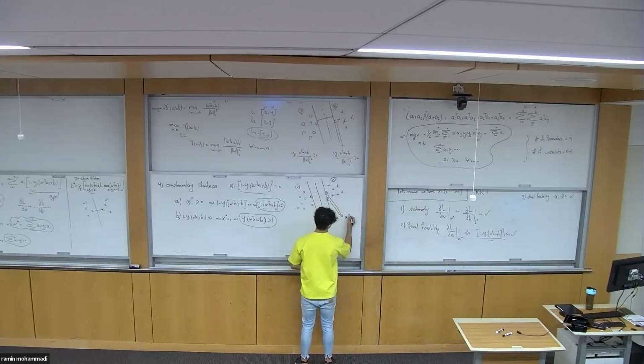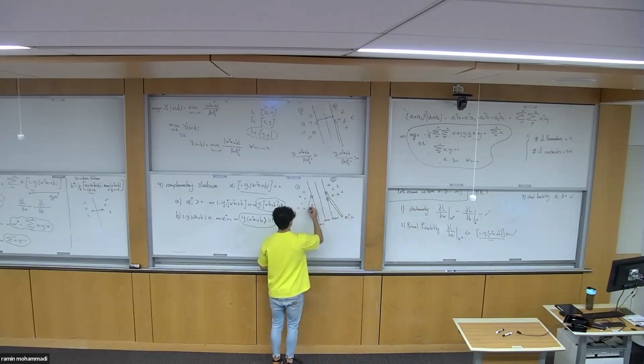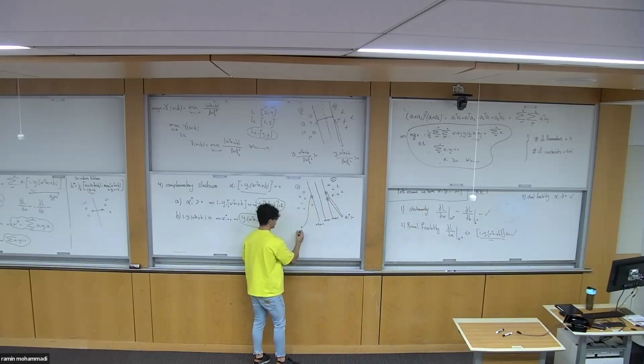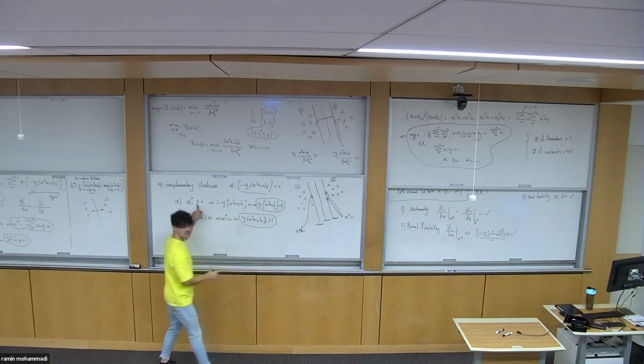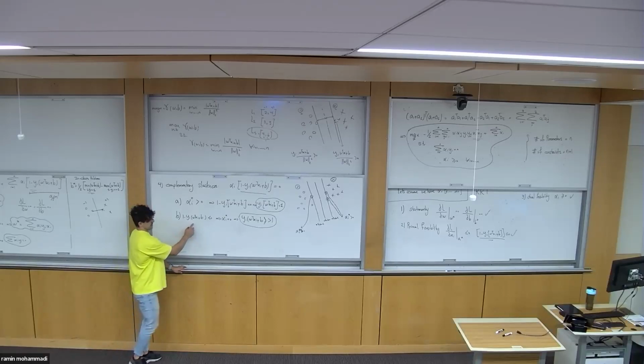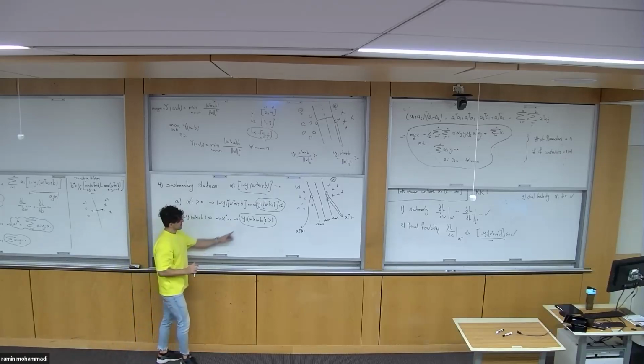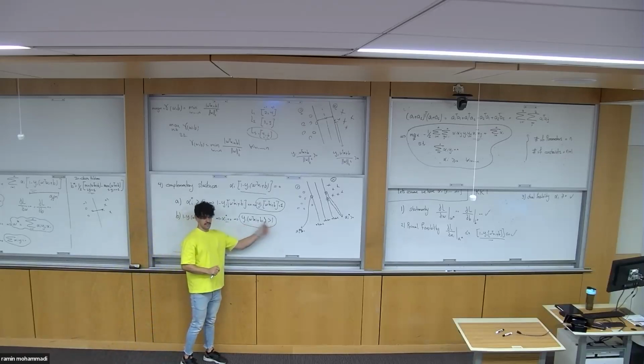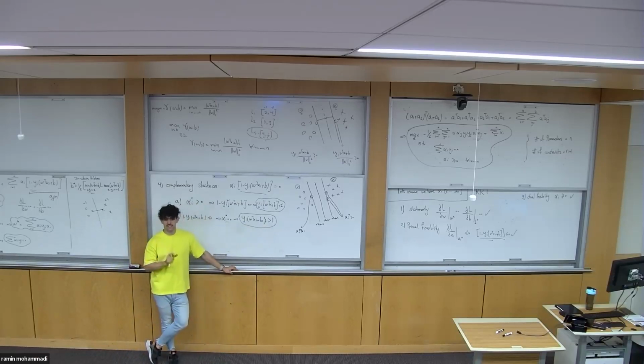Alpha I star greater than 0. Alpha I star greater than 0. Correct? Does that make sense? Yes. So this one now, alpha I is 0. Distance greater than 1. Positive side of the distance greater than 1.